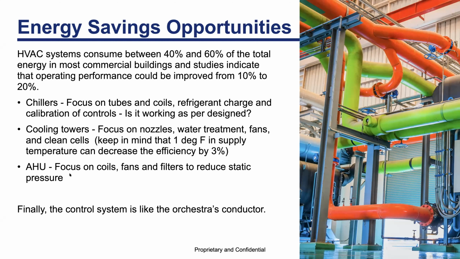Another point to concentrate on is the condenser water loop and every component associated with this loop. For water cooled chillers, the cooling towers, the fans, water pumps. Maybe we can find an opportunity to reduce the flow in the condenser, which equates to a higher condenser water delta T. Sometimes, depending on the equipment type and the application, this results in energy savings, but it's not always the case.